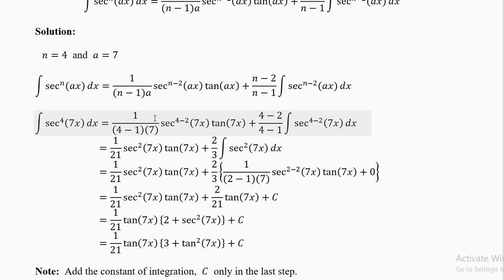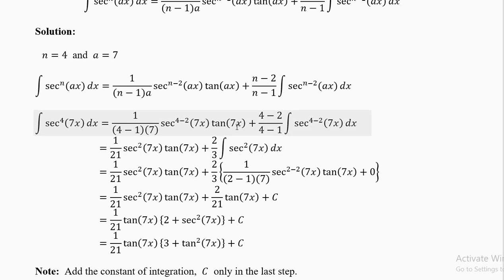Now put a equal to 7, 4 minus 1 into 7 is 3 into 7, which is 21, 1 over 21 secant squared 7x 7 tan x plus now the integration term n minus 2 over n minus 1, 4 minus 2 divided by 4 minus 1 is 2 divided by 3. Now inside the integration is n minus 2, it is secant square 7x.